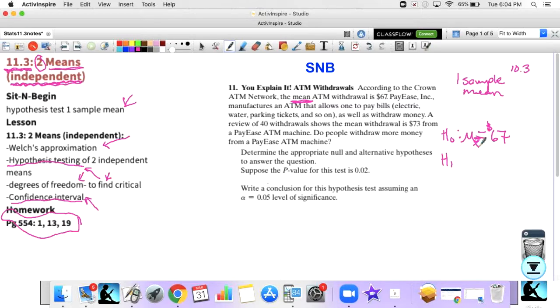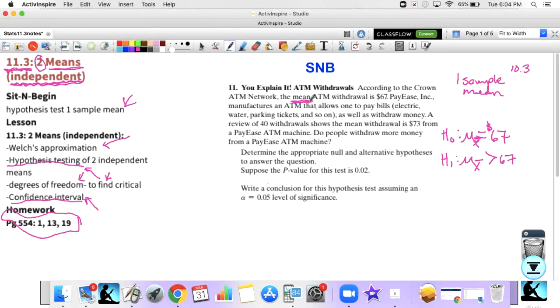So the mean of our sample mean. Our alternative is that the mean of our sample mean is going to be bigger than 67. And we already know that it is larger, but we're testing to see, is it statistically significantly larger? Okay, so there's our null and there's our alternative. Is this actually, even though that is 73, is that actually statistically larger than 67?